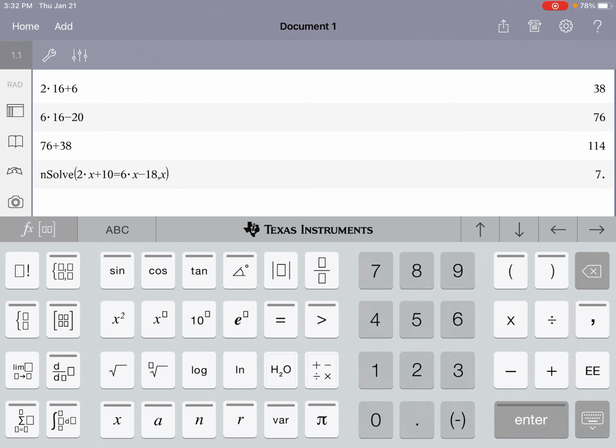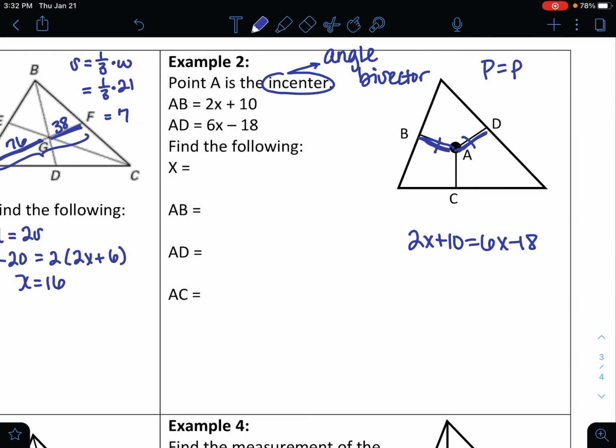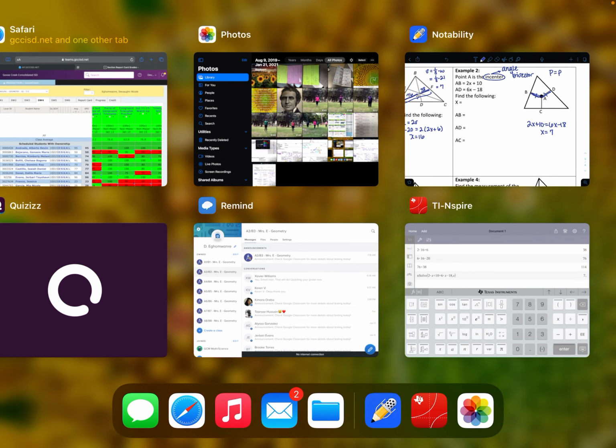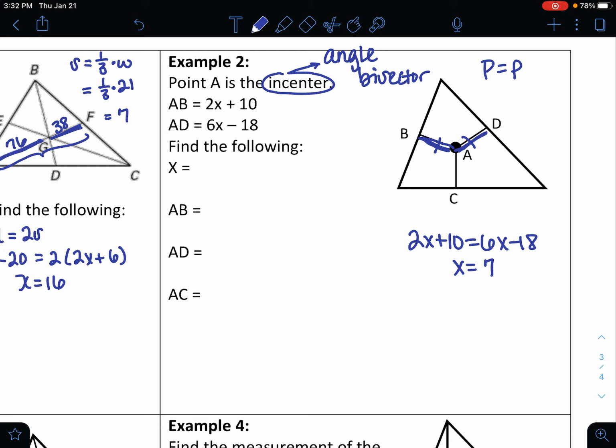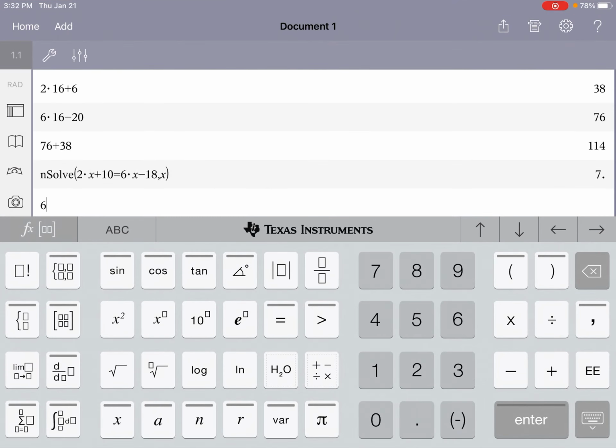All right, so I get 7. Double check that. Okay, and now we are here. So AB, let me put the 7 there, and then we have 2 times 7 plus 10 for AB. So 2 times 7 is 14 plus 10 is 24. I'm not going to use the calculator for that. That was an easy one. Then we have 6 times 7, minus 18. Okay, so that'd be 42 minus 18.